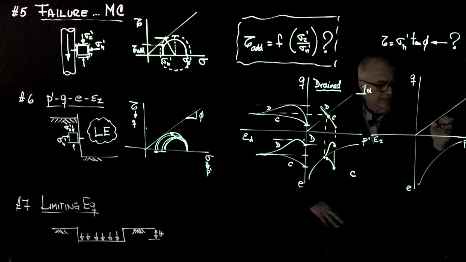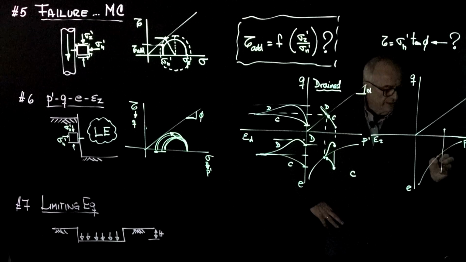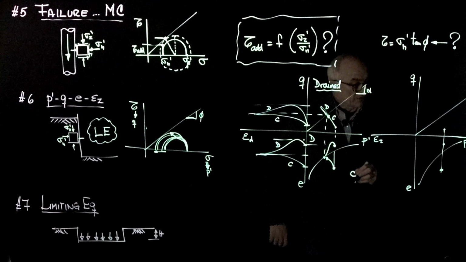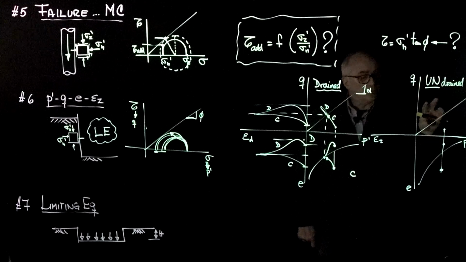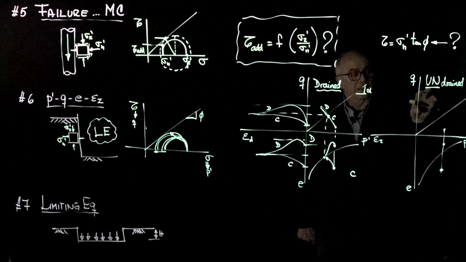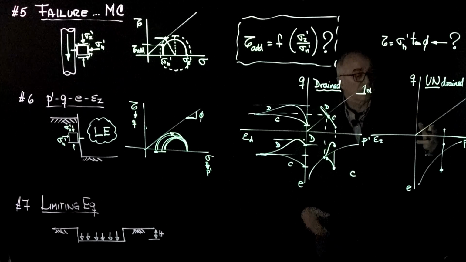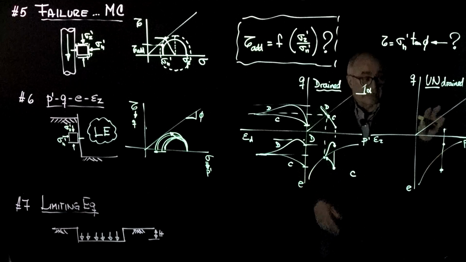And we started with a deviatoric stress, but one was on the contractive side, the other one was on the dilative side. Notice that if it is undrained, we do not know what happens to the deviatoric stress because we have to measure the pore pressure.